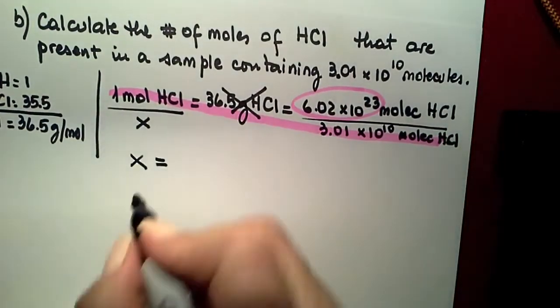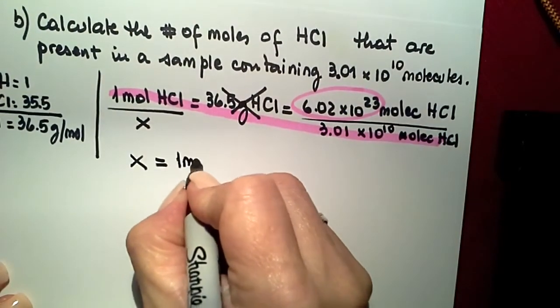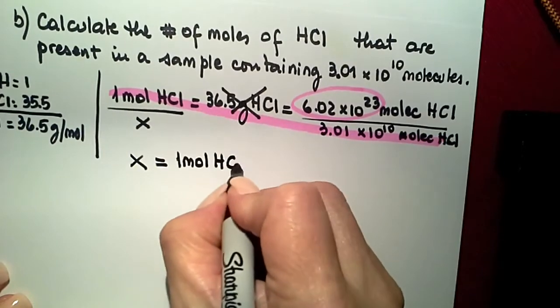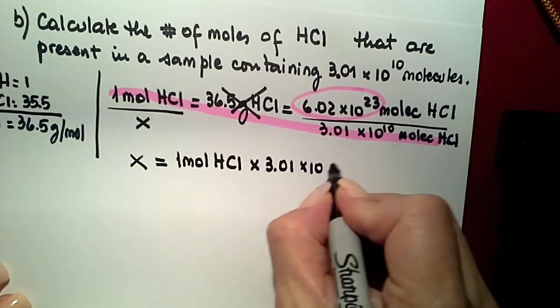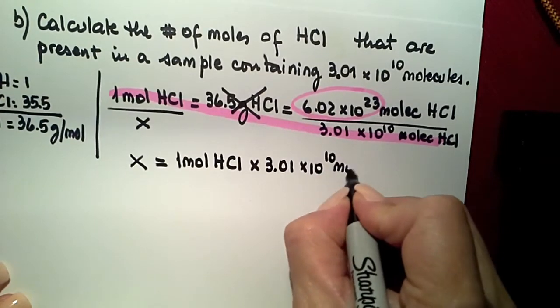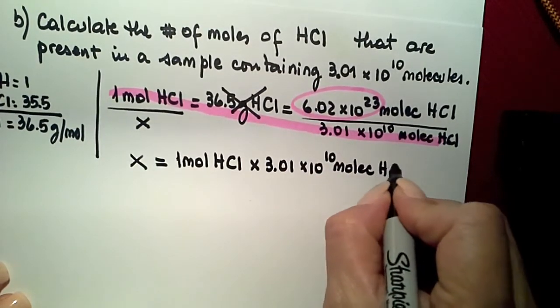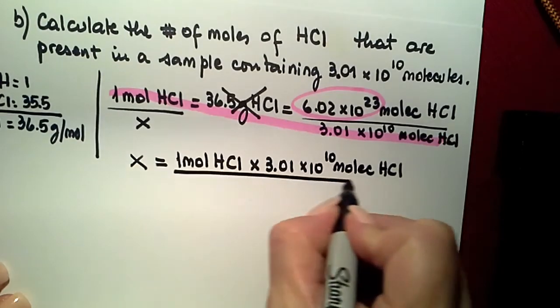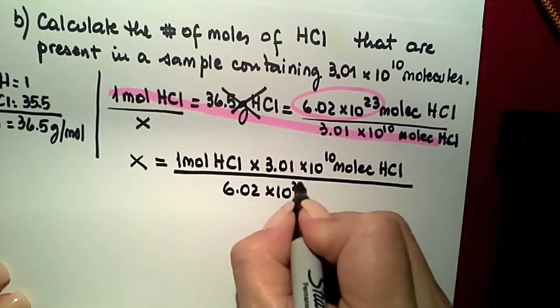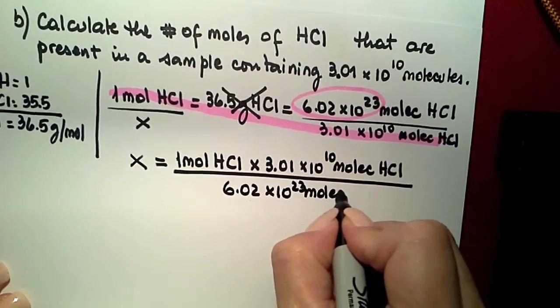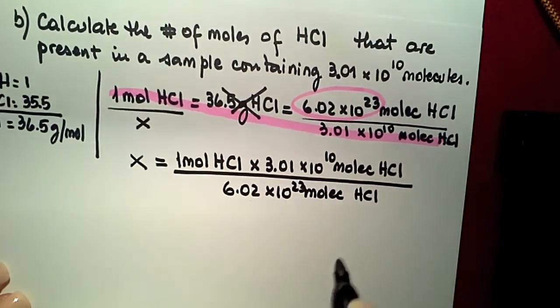So my X will be 1 mole of hydrochloric acid times 3.01 times 10 to the 10 molecules of hydrochloric acid divided by 6.02 times 10 to the 23rd molecules of hydrochloric acid.